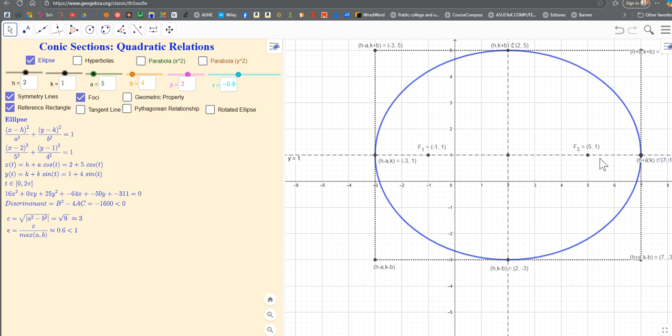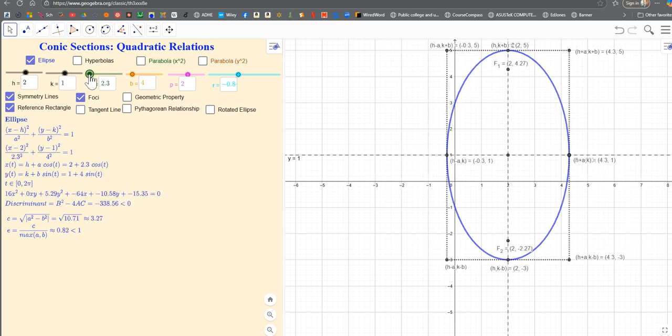So if a is longer, they'll be horizontally to the right and left. We'll call this distance c, from here to here. In this case, c is 3. So this is going to be at (h plus c, k), and this is going to be (h minus c, k).